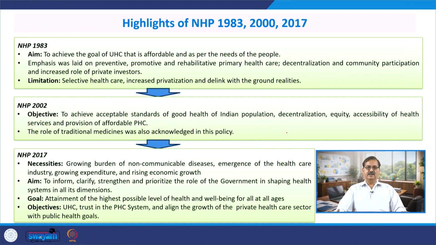So, primary healthcare services should be affordable, accessible, equitable, decentralized. These are the main highlights of these policies, and this policy also ensured the role of traditional medicines in healthcare services like Ayurveda, the traditional Indian medicine system.